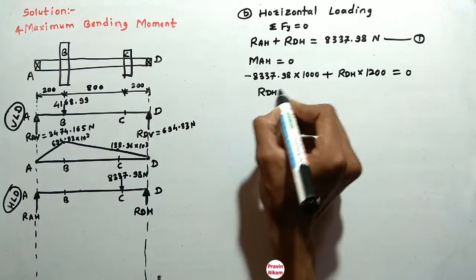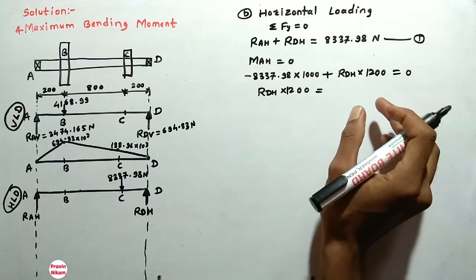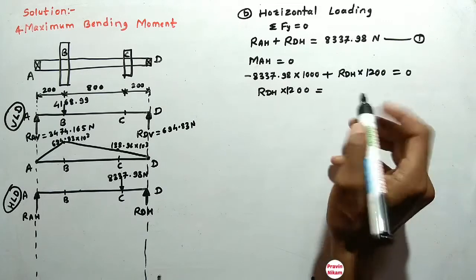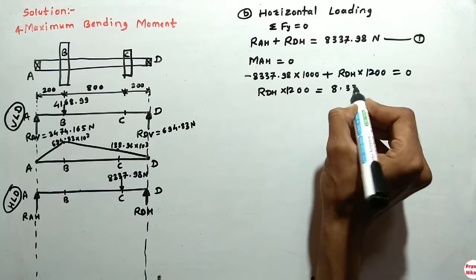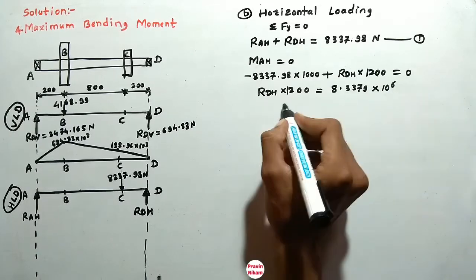So RDH into 1200 is equal to, this value becomes positive and goes on this side. So this value is 8.3379 into 10 raised to 6.